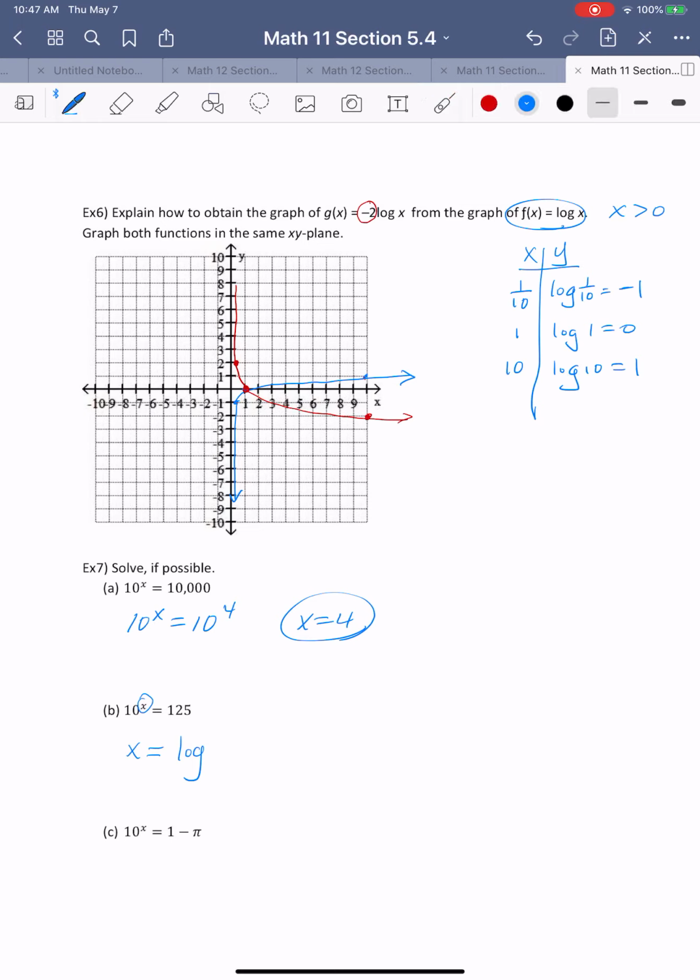And then base 10 of 125, this is the same as the log of 125. Okay, and then you can use a calculator if you want. And then this is actually the same thing too. So we are solving for x from the exponent, and the log base 10 of 1 minus pi. But this time 1 minus pi is actually less than 0, right? So that means it's undefined.